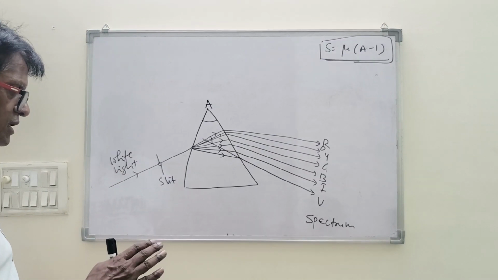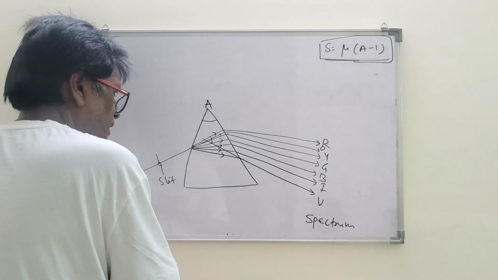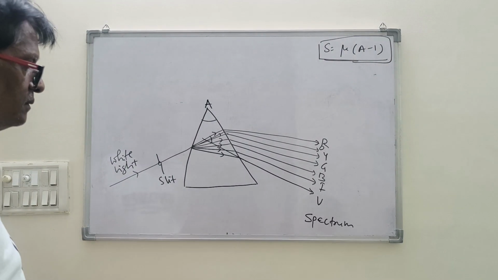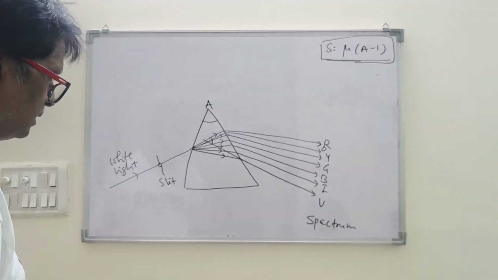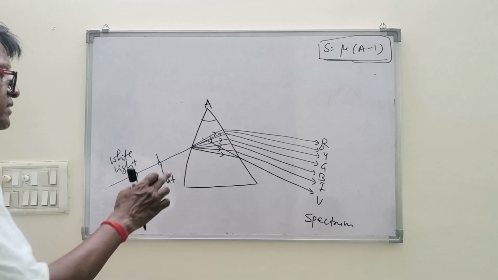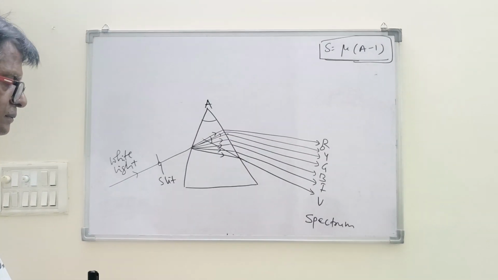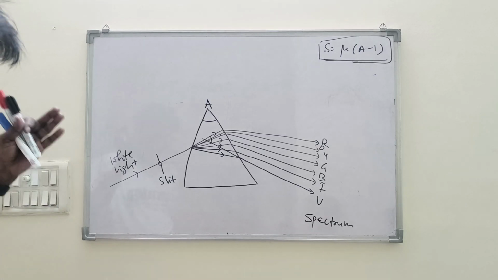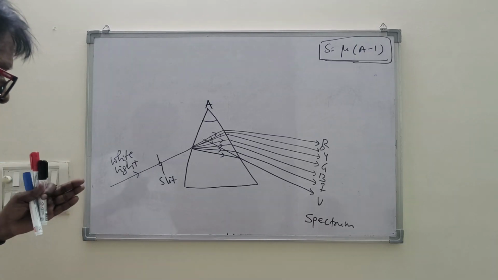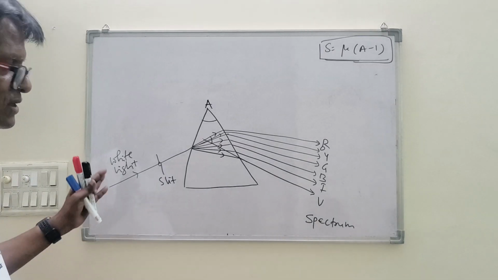The phenomenon of the splitting of white light into 7 component colors when passed through a glass prism is called dispersion of light.